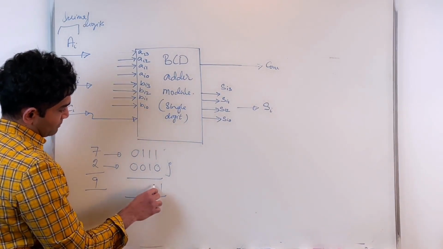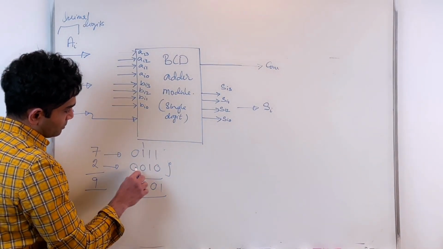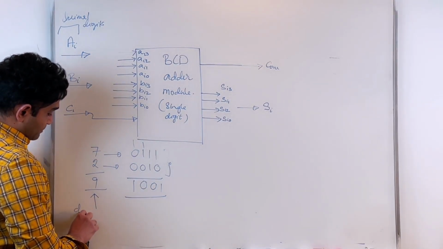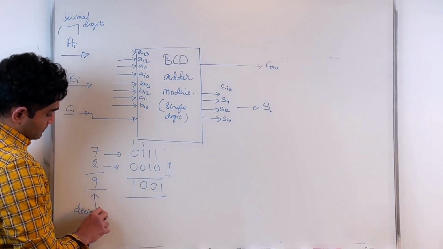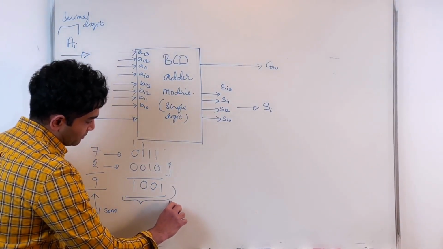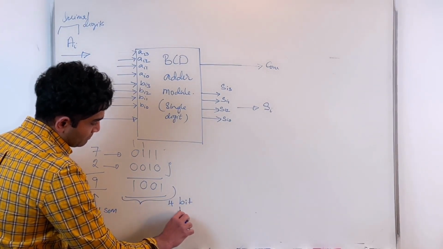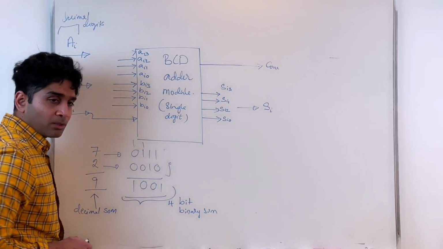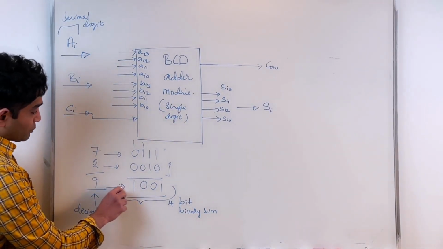So I have 1 plus 1 is 0, 1 plus 1 is 0, 1. And in this case, this is my decimal sum. I'll call this the 4-bit binary sum. This is a 4-bit binary sum. These are equal, right? So that's good.